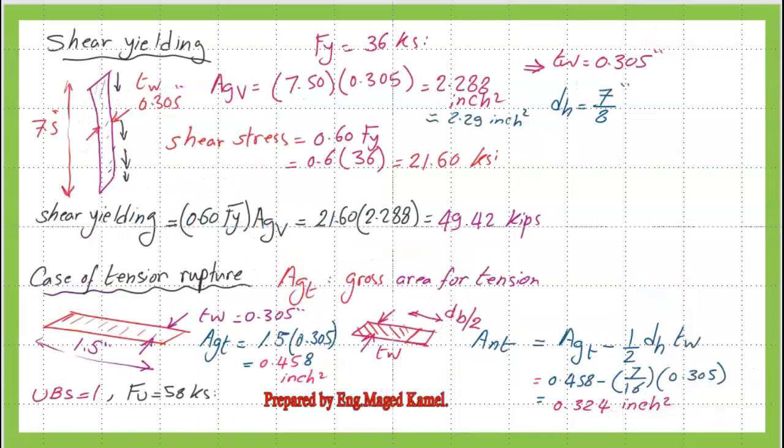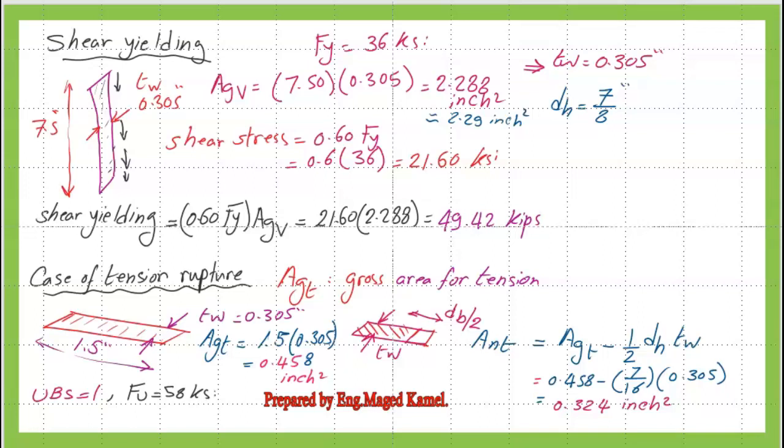In the next slide, we can see the case of shear yielding, where we have A sub GV equals 2.288, or approximated to 2.29 inches square. The acting shear stress is equal to 0.6 by F sub Y, F yield.